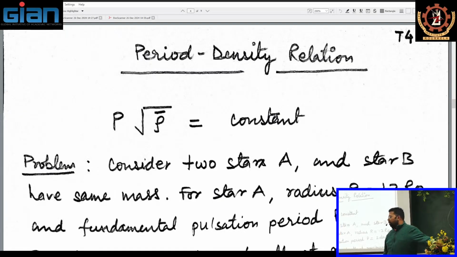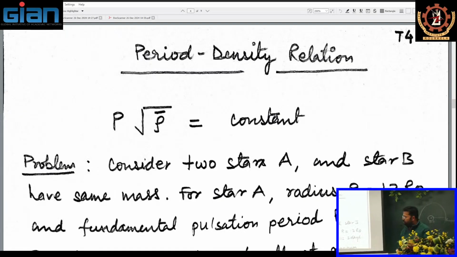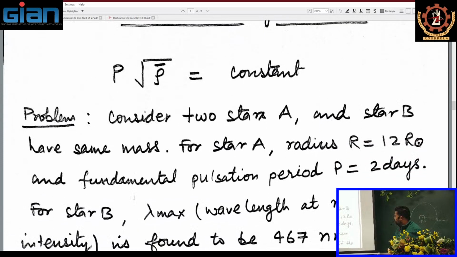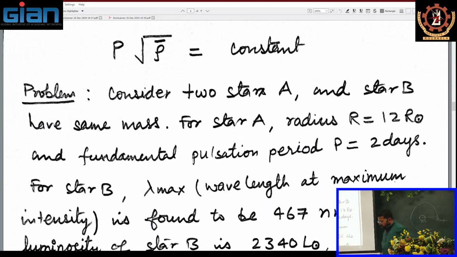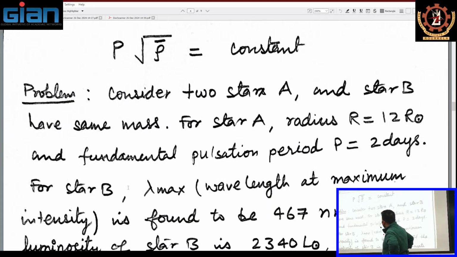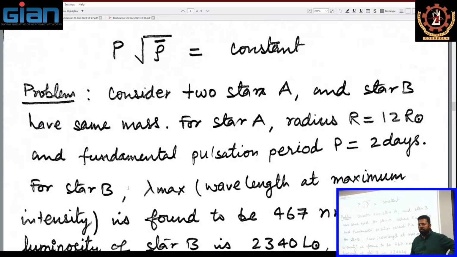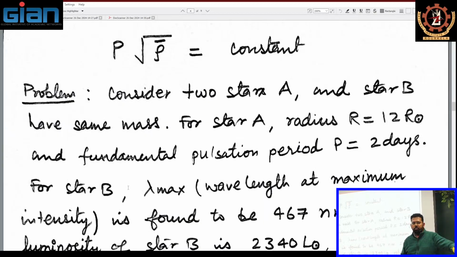Now, the question here is that we have two stars, star A and star B. For star A, the radius is given: the radius of star A is 12 times the radius of our sun. In stellar physics, on many occasions you will find that mass, radius and luminosity are expressed in solar units.